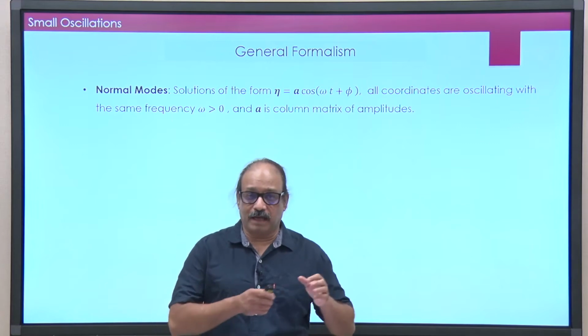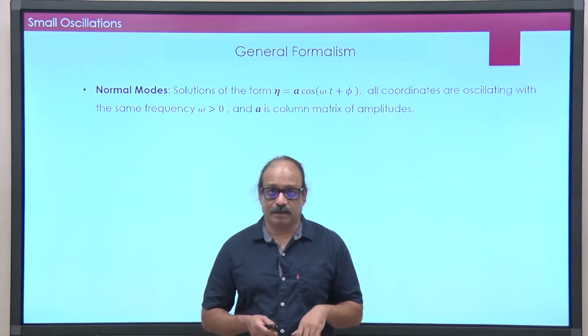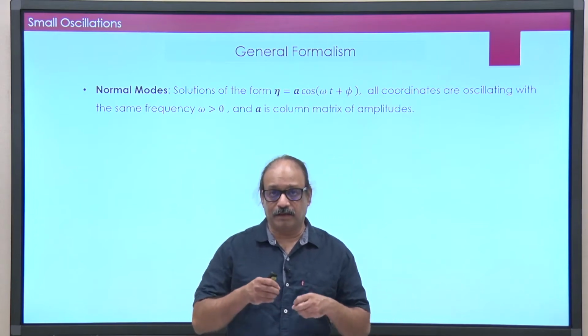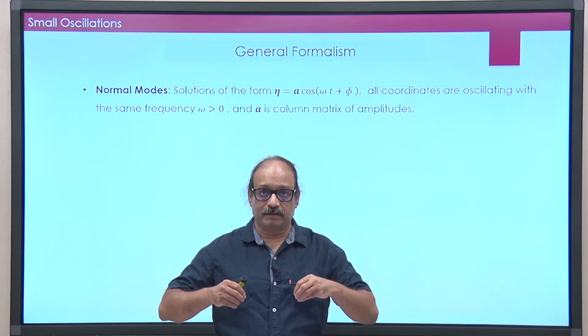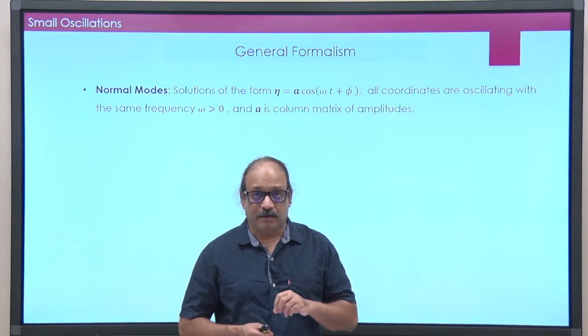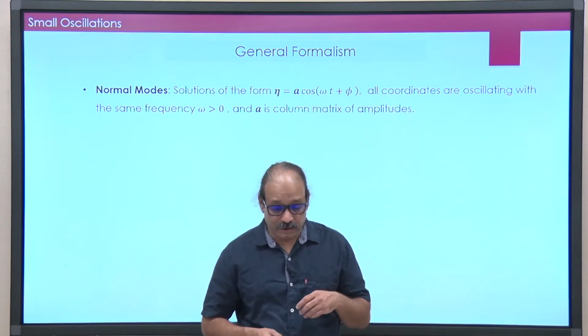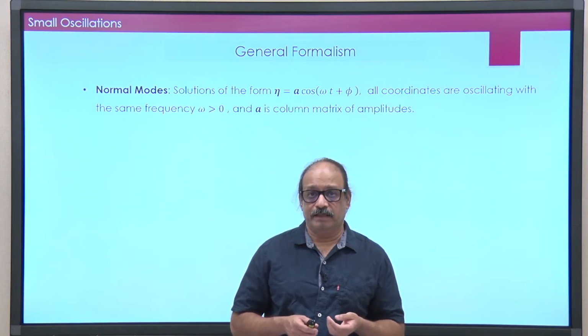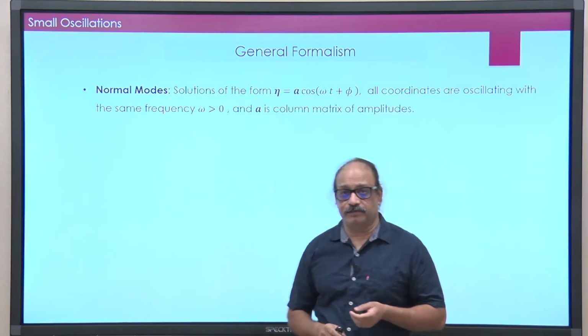First of all, in the last lecture I defined something called a normal mode. A normal mode is a particular solution in which each coordinate has a simple harmonic oscillation, but all the components vibrate with exactly the same frequency. So, your solution would be of the form eta is equal to A times cos(omega t plus phi).